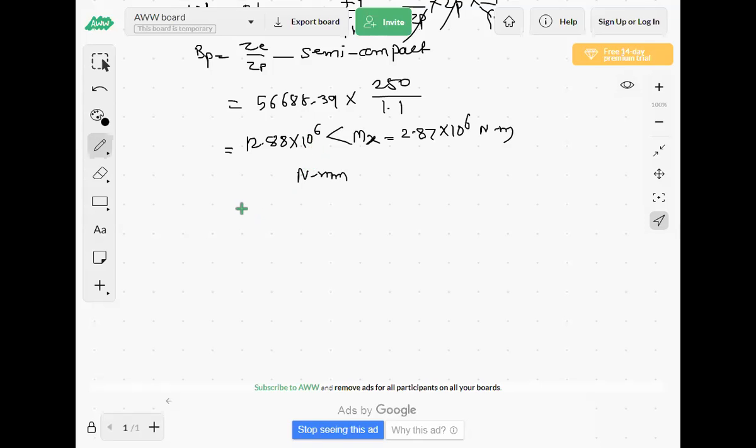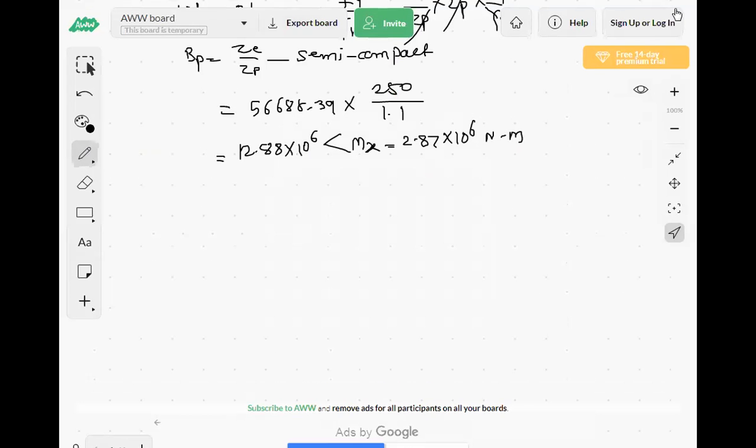So it means 2.87 into 10 raised to 6 Newton mm, and this is Newton meter.